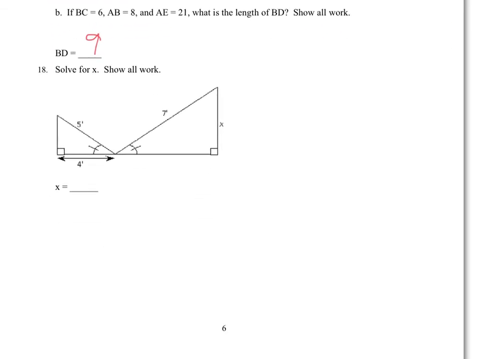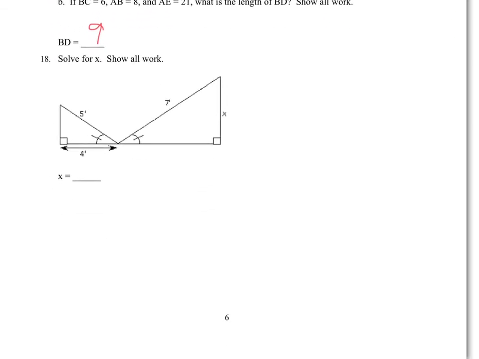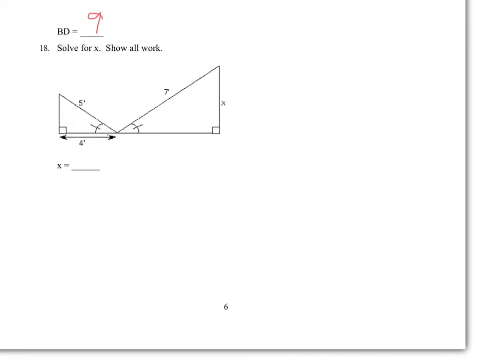Okay, number 18. We've got two angles, and you'll notice that the two triangles are similar because they have two angles that are congruent. The 90-degree angle, and then they have the angle right here being congruent. So, let's see, what are we missing here?